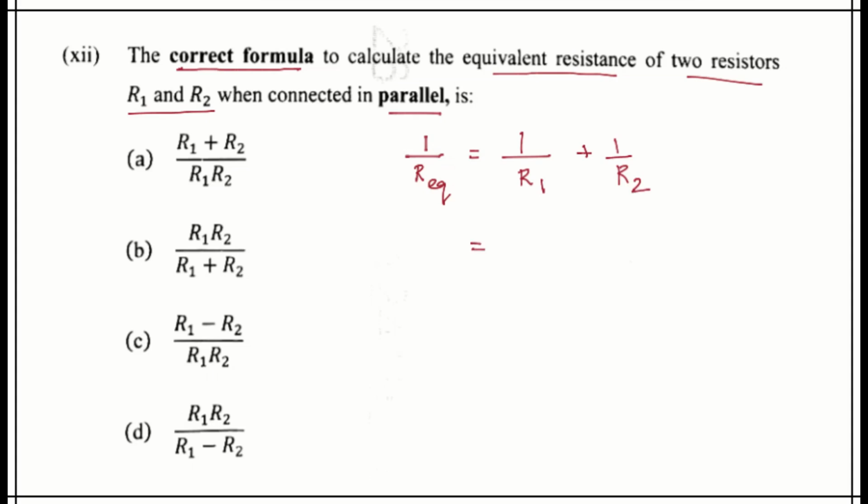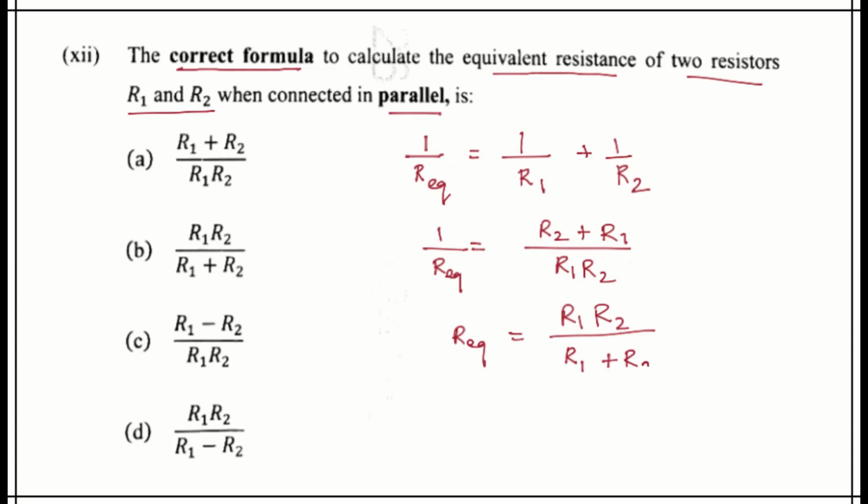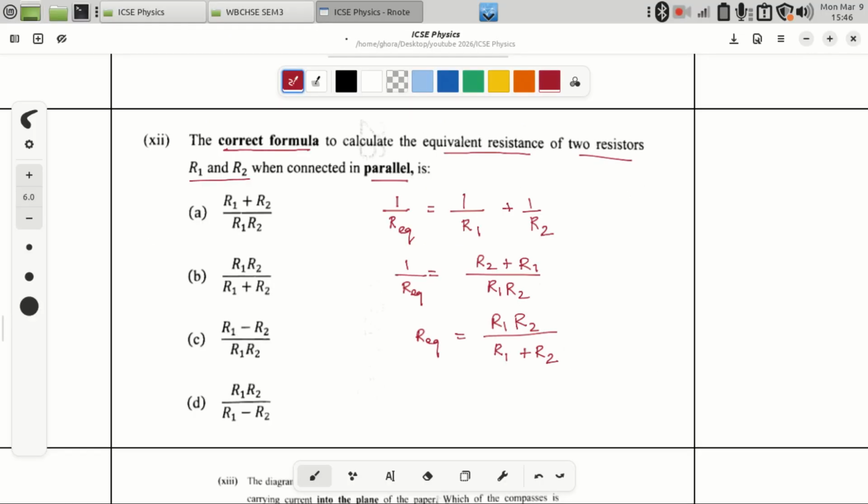Next line, R1 R2 will get multiplied, so R2 plus R1, 1 by R equivalent. Therefore R equivalent is equal to R1 into R2 divided by R1 plus R2. Now in this case, option B will be the correct answer.